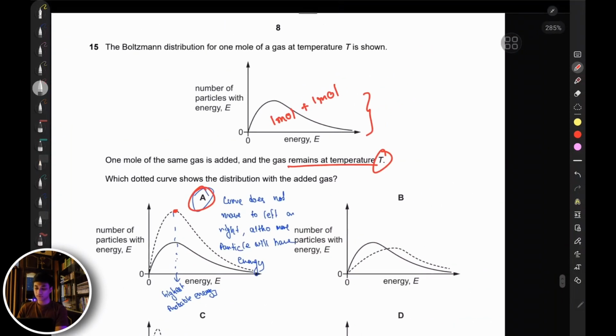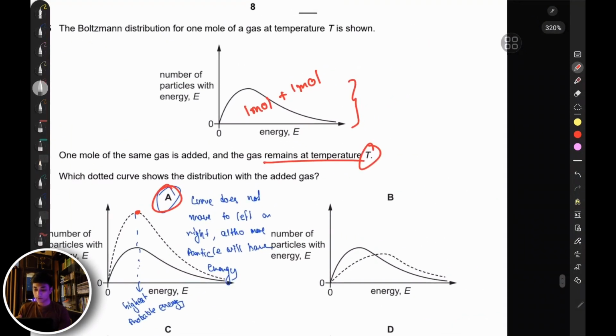Why? First of all, they have given you 2 bits of information. They have doubled the amount of particles, 2 times the number of particles.